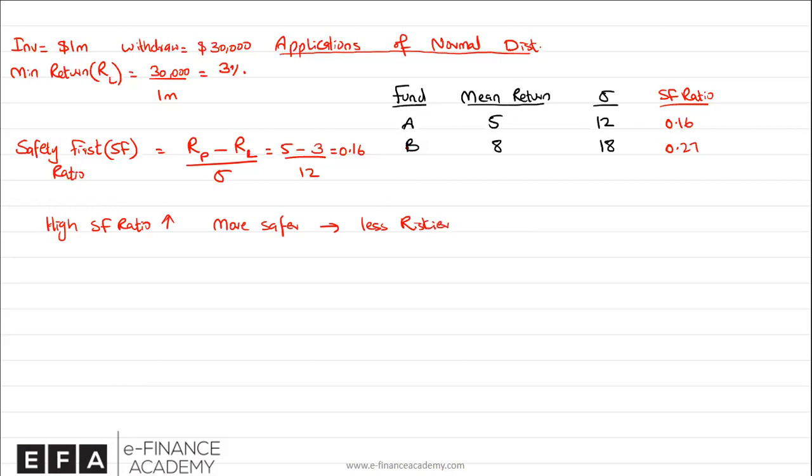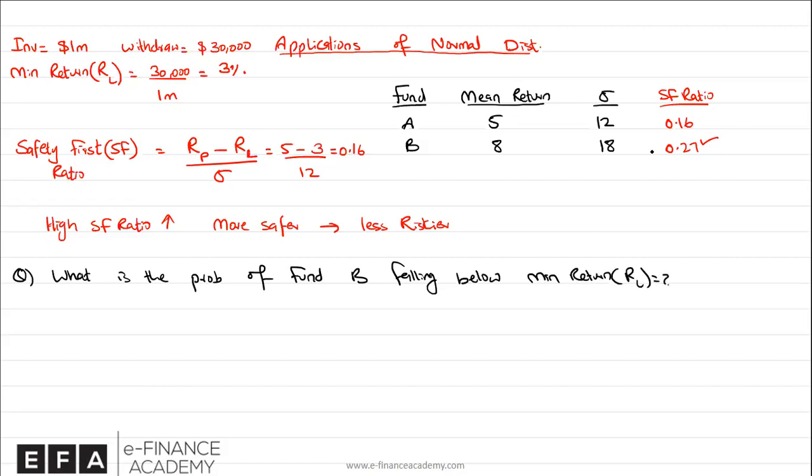So which fund is safer in terms of safety of earning the minimum return? It will actually be fund B that has a higher safety first ratio. Now this could lead to a related question: we know that fund B is safer, but what is the probability of fund B falling below the minimum return, which is RL?